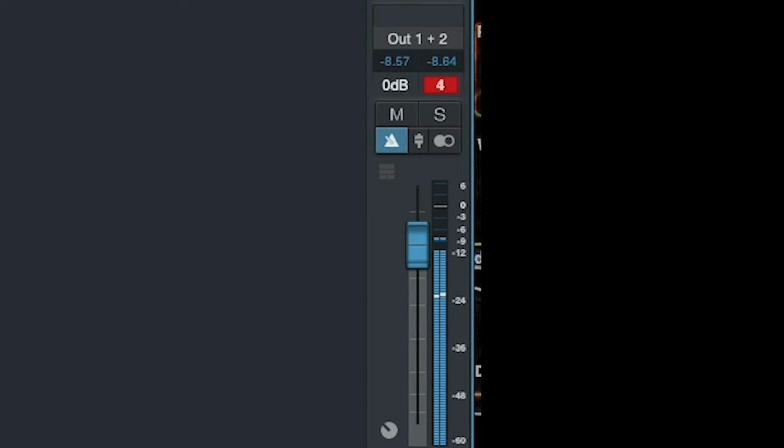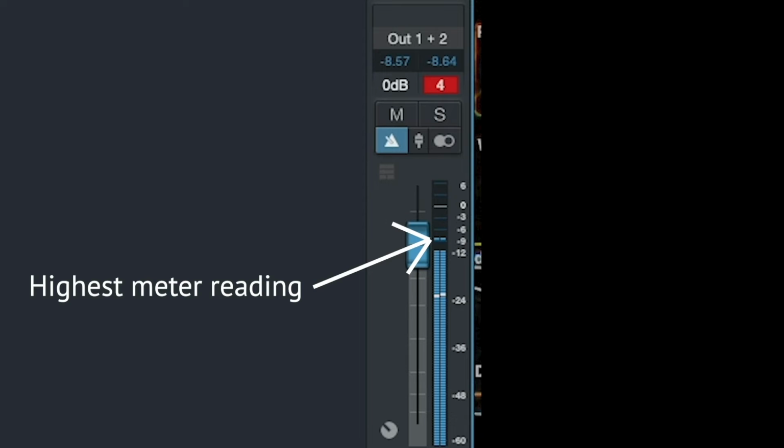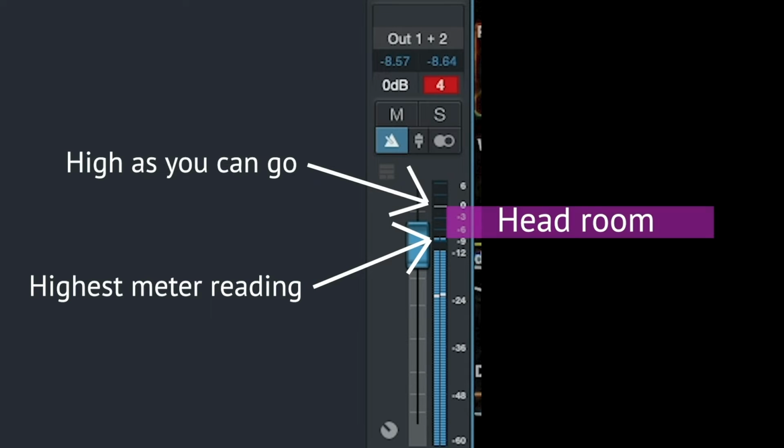You want to leave what's known as headroom. Headroom is the space between where the top of that meter is on the main output and as far as the meter can go. And you want to leave yourself headroom so you have somewhere to go, so you're not clipping the output of the main output. Once you do get proper headroom, if the sound coming out of your speakers is too low, simply turn up your speakers.